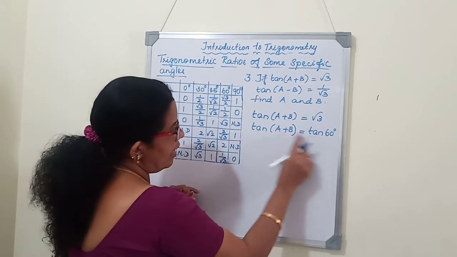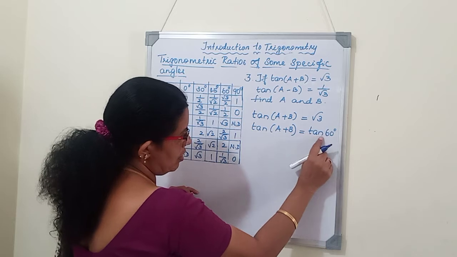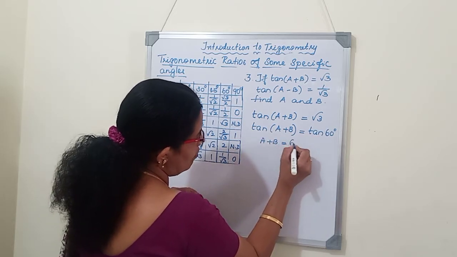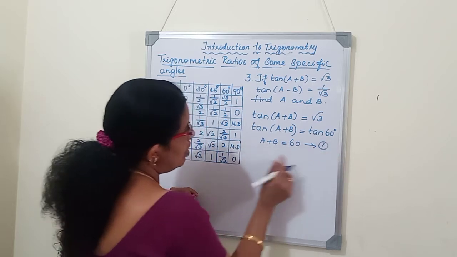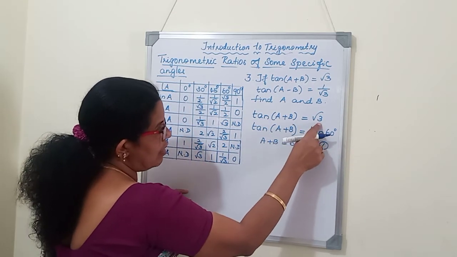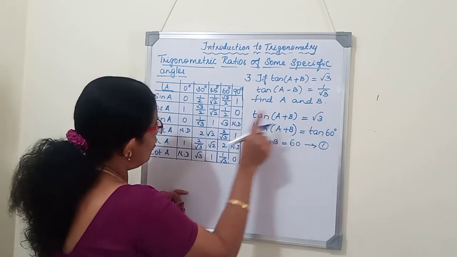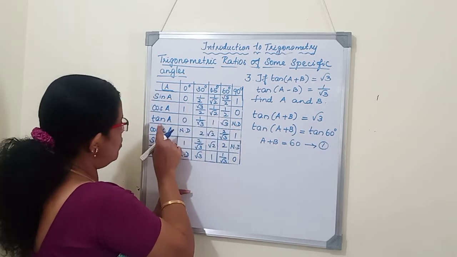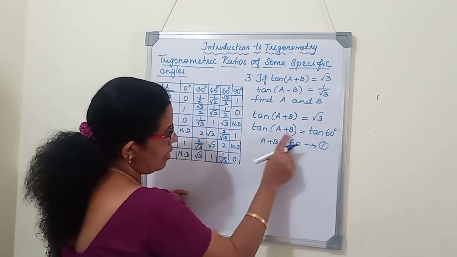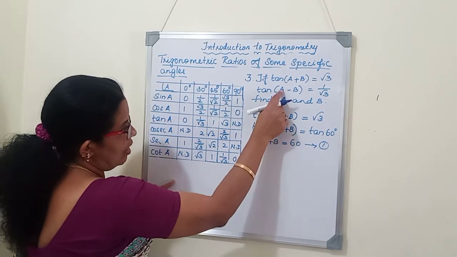So now both sides it is tan. So we will avoid the tan part and we will write a plus b is equal to 60, and we will call it equation 1. So like this question, we have to write the first equation and see for which degree the tan value is root 3. So we will write tan 60. Both sides tan, so we will write a plus b is 60.